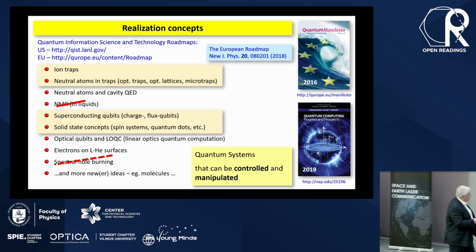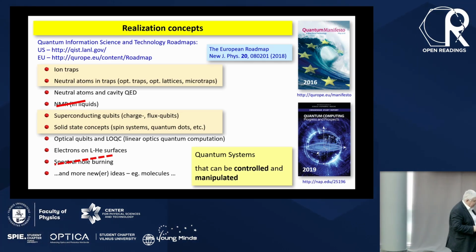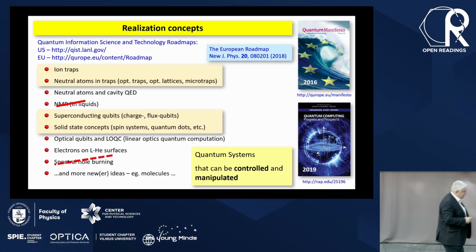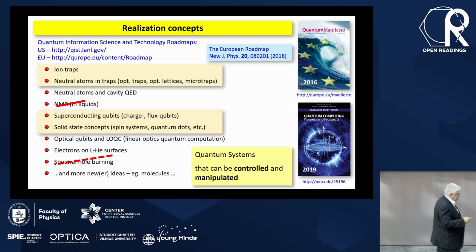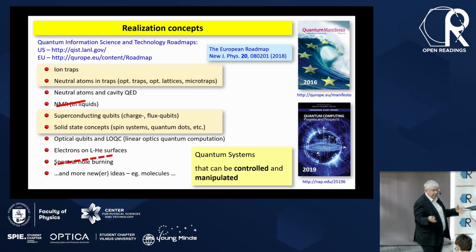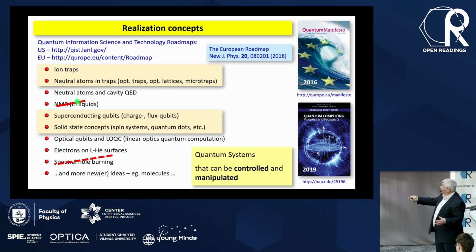Essentially, over the last, say, 10 years, let's say 15 years, 4 or 5 of these technologies have crystallized to be the ones that are currently being pursued. And these ones are essentially the ion traps, the neutral atoms in traps of various devices right here, superconducting qubits, flux qubits, and the spin qubits right here, and solid state concept, spin qubit, quantum dots, and to some extent also optical qubits, although nobody has shown how to really scale this.